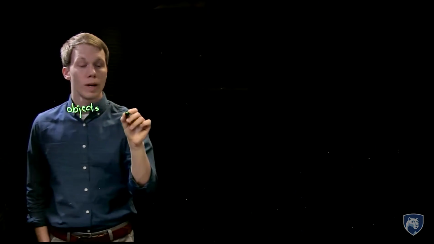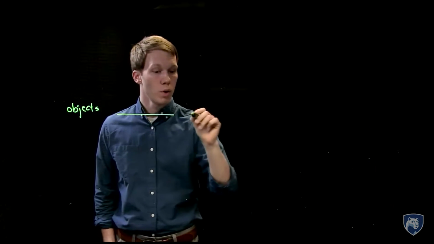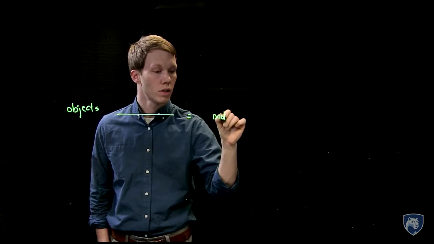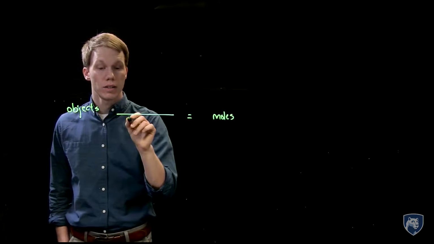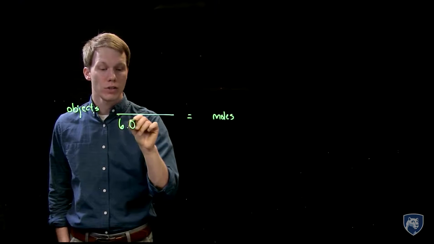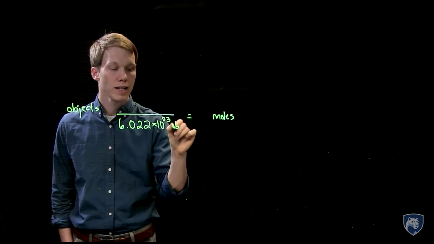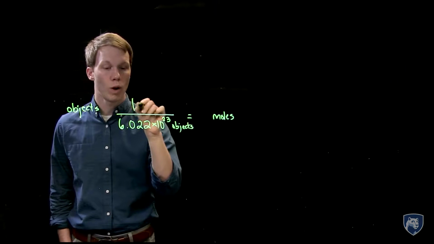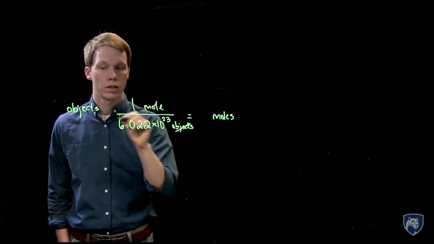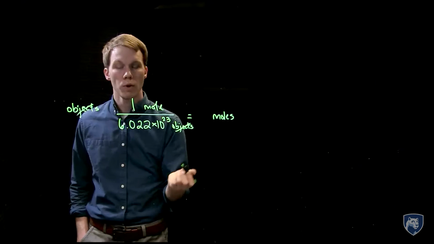Using the mole conversion will work the same way. If we're starting with some number of objects, we can convert to moles by dividing by Avogadro's number, 6.022 times 10 to the 23rd objects in 1 mole. So our units will cancel, we'll be left with moles.